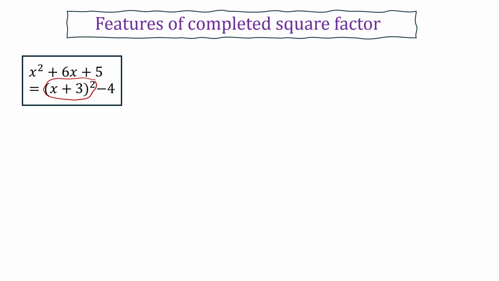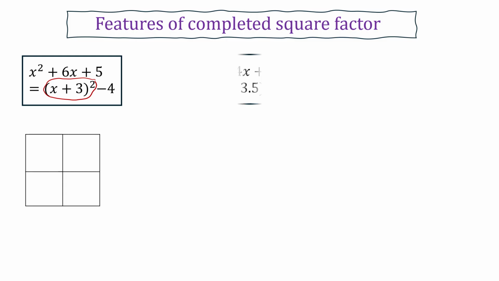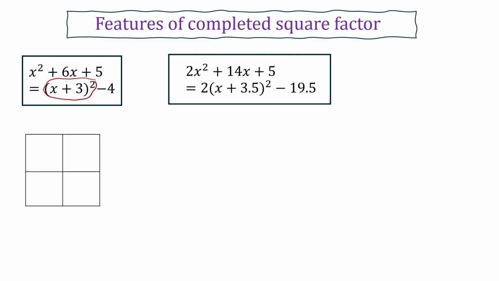Let's look at another question. 2x squared plus 14x plus 5, after applying the completed square method, we end up having 2(x plus 3.5) to the power of 2 minus 19.5.